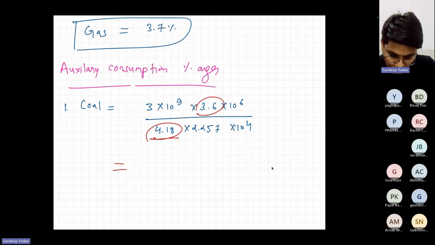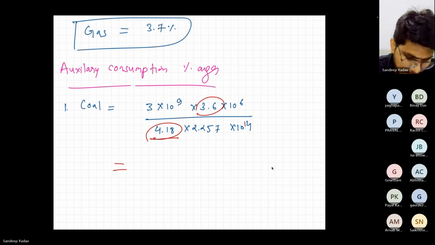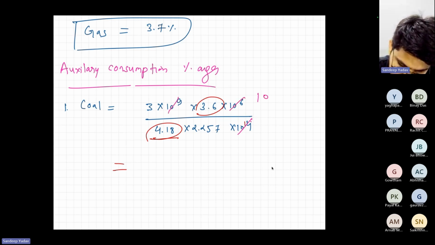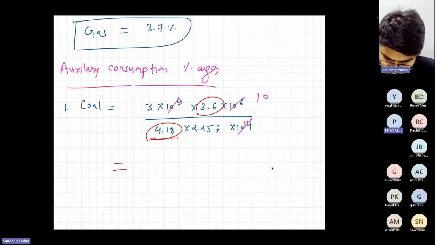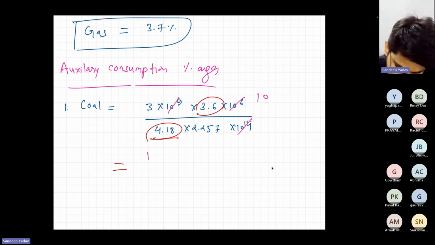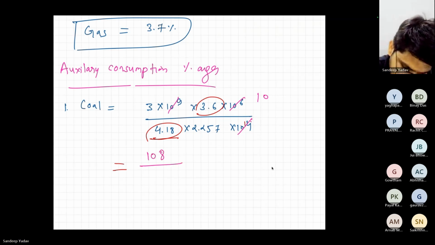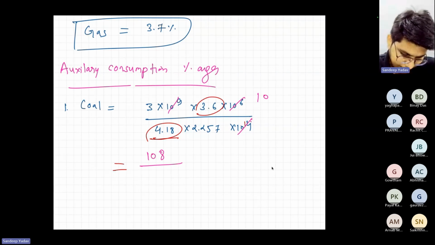3.6 is also a unit conversion. If we multiply all these, the 10 to the power 14 will cancel out, and we will remain with only 10 here. Finally, 3 into 3.6 into 10 will be 108, and 4.18 into 2.257 will be 9.43426.